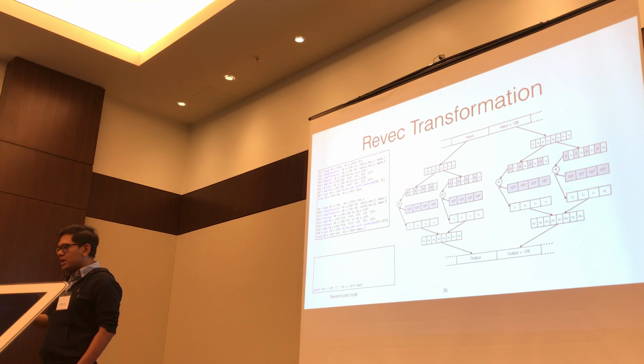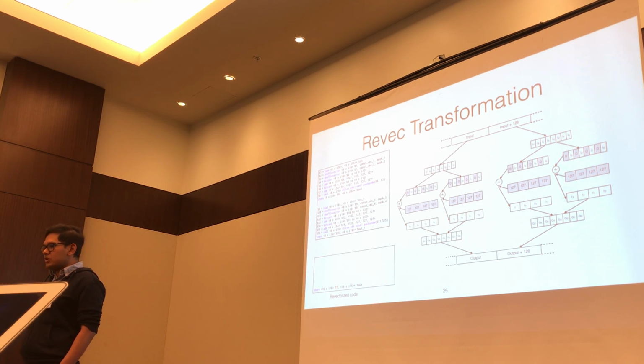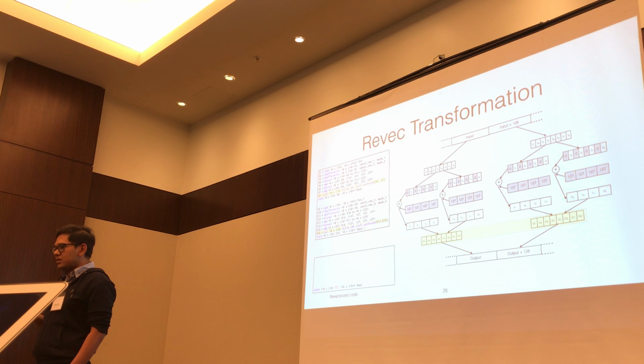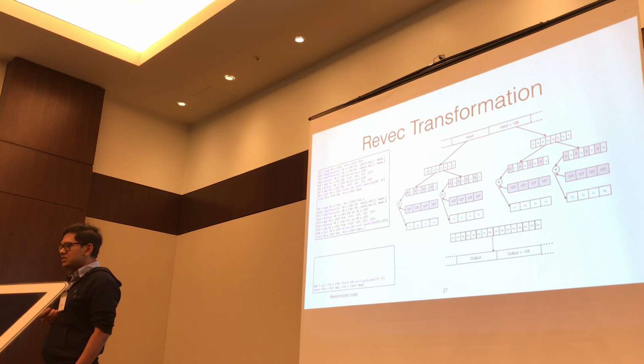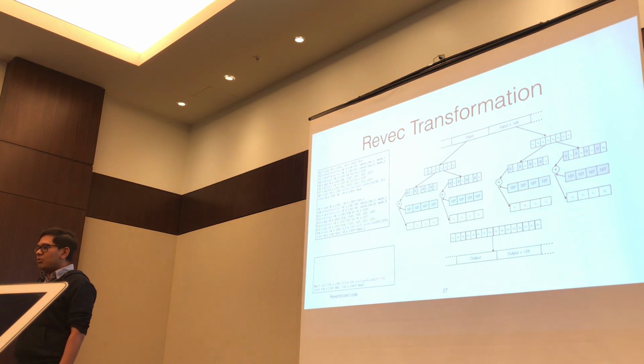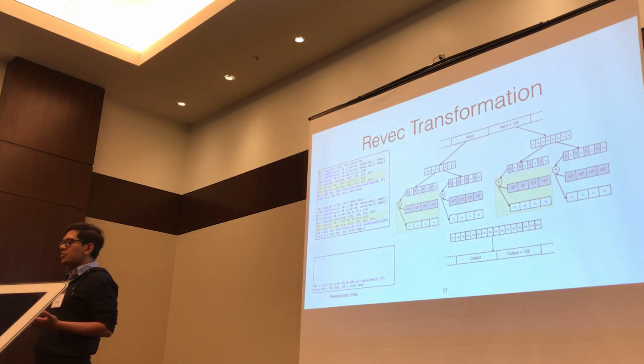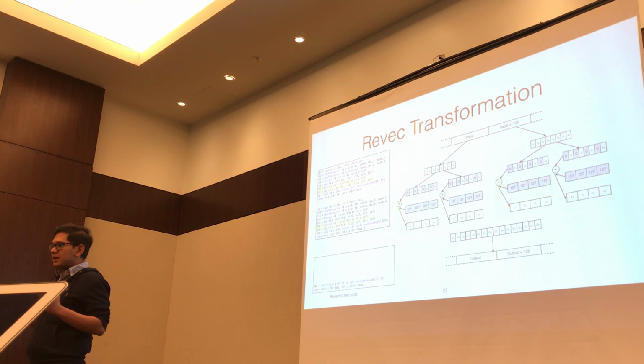So we keep on revectorizing. Instead of the two SSE2 instructions, now we emit the AVX2 instruction, and now we want to revectorize its operands. And in this case, both its operands are doing 32-bit addition using 128 bits.